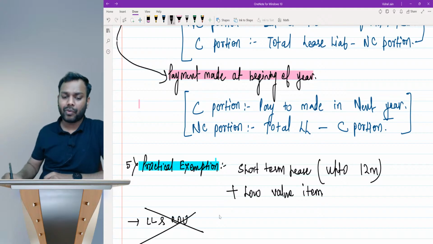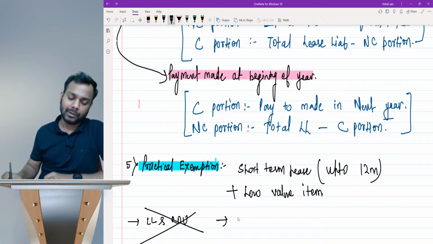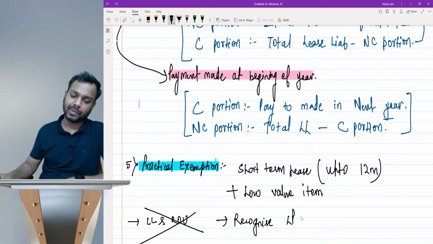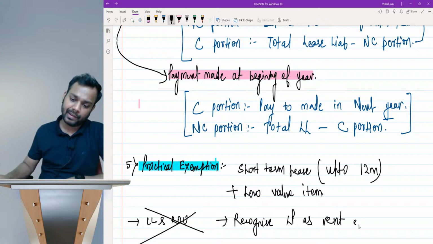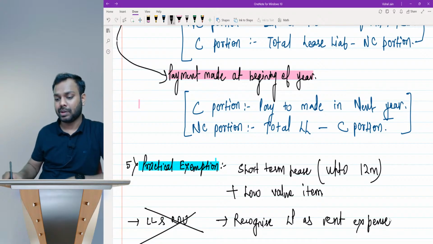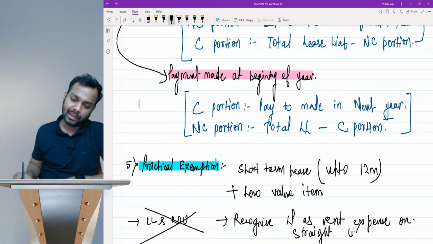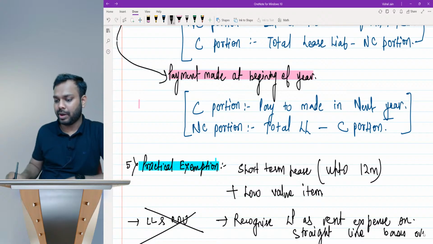Rather, what you have to do is recognize lease payments as rent expense on a straight line basis over the lease period.